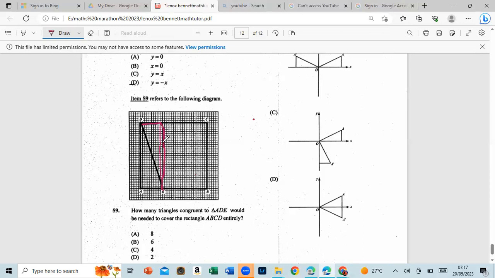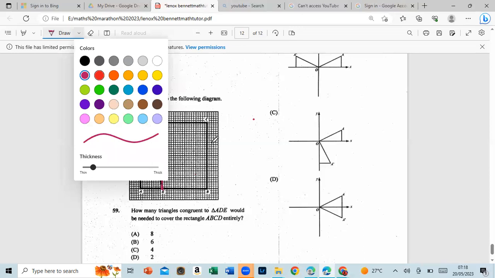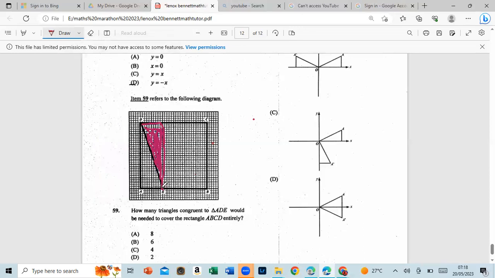So this is one of the triangles that is congruent, right? Just kind of color code it. And then we just basically continue like that. But this time we are doing the opposite, right? So we start up here, so start back here, so again, 1, 2. So yes, that's so nice.